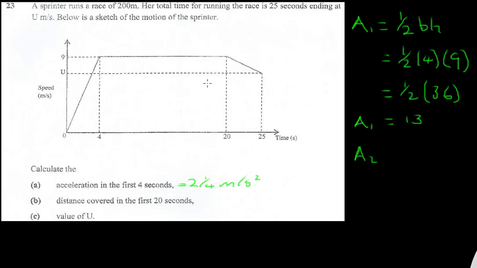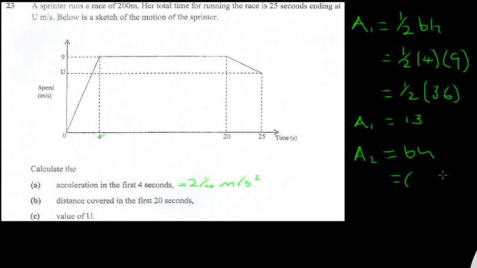Our area 2, which is the area of the rectangle, is BH, which is 20 minus 4, because it's moving from 4 to 20 seconds.